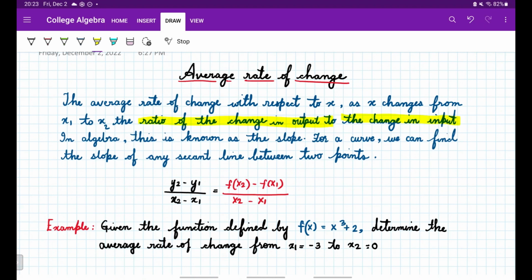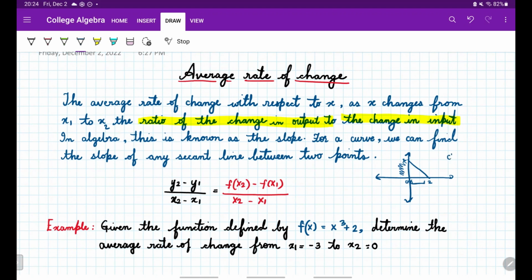For a curve, we can find the slope of any secant line between 2 points. So for example, if we had a graph that looks like this, and we have 0 and 2. If we want to know how much y is changing as we move from 0 to 2, we are trying to understand the difference between y2 and y1.